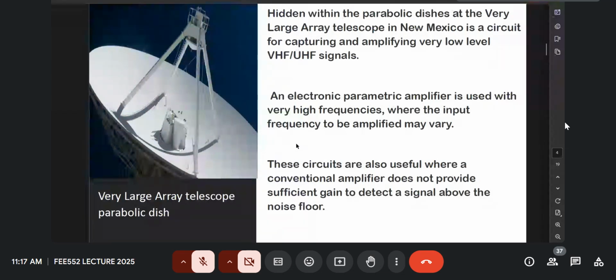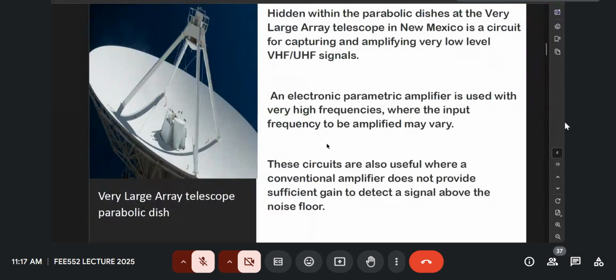An electronic parametric amplifier is used with very high frequencies, where the input frequency to be amplified may vary. As I've told you, these are signals coming from deep in space with very low power but high frequencies, and there's need to amplify them so that we can process them. These circuits are also useful where conventional amplifiers do not provide sufficient gain to detect a signal above the noise floor.